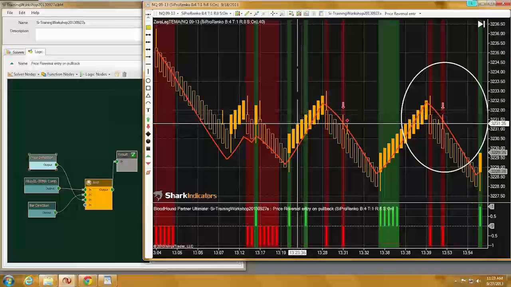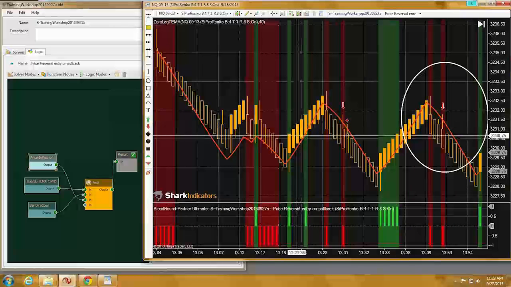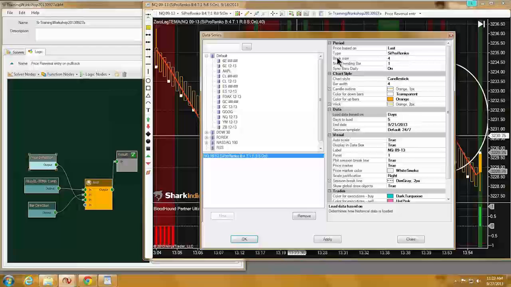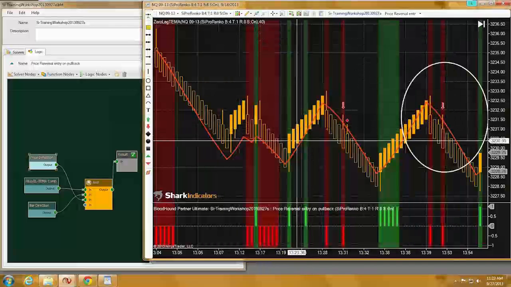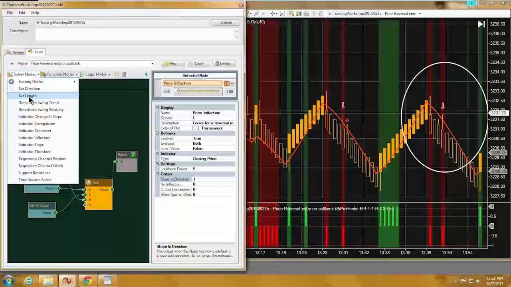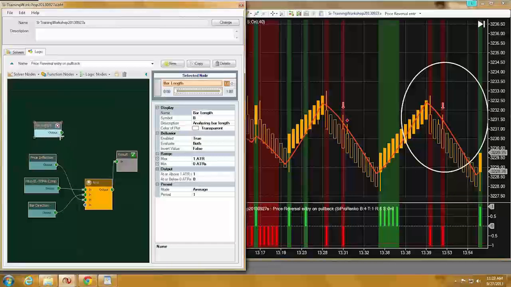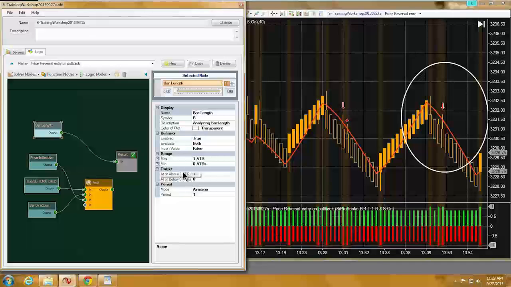I know that a bar without a wick is going to be 4 ticks long, just by looking at the settings, since the brick size of the Renko is 4 ticks. So I need to look for a bar length of 5 ticks or more. I can do that by using bar length. So let me just plug that in there.